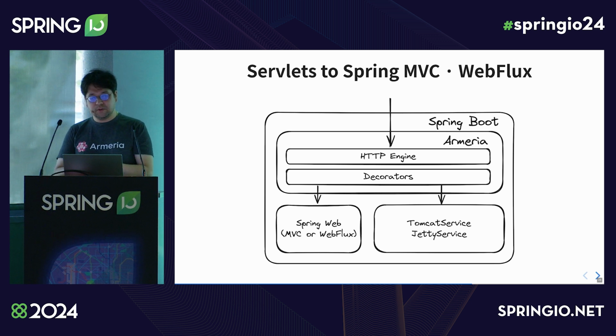So you can even run multiple Tomcat services or mix Tomcat service and Jetty service together. So problem is easily solved. So let's say you have one Jetty-based legacy servlets and another servlet application based on Tomcat, and you usually need to run in two different instances, but not anymore.